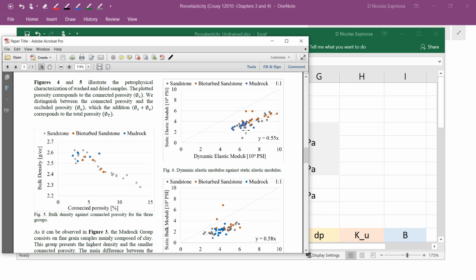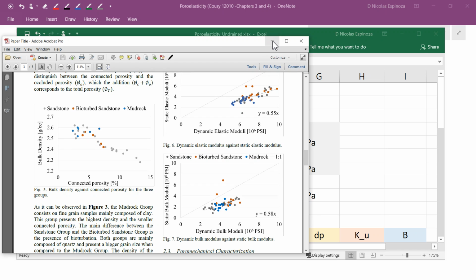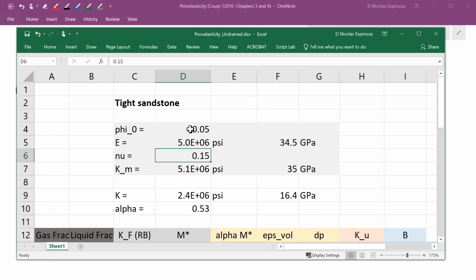But more or less from here, I chose one of these values for which the connected porosity is about 5%. The Young modulus is about 5 million psi or 34 gigapascal. This is the Young modulus. This is what we measure. Poisson ratio, it's about 0.15.